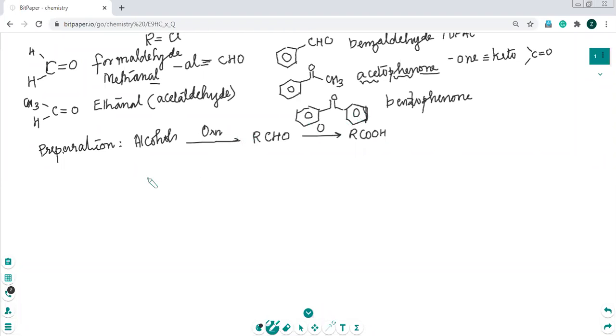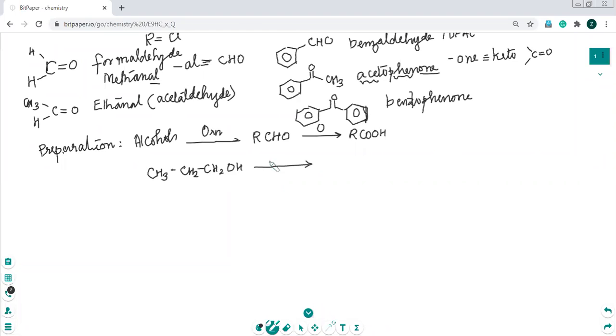For example, if you are taking CH3 CH2 CH2OH, n-propanol, you can oxidize this.